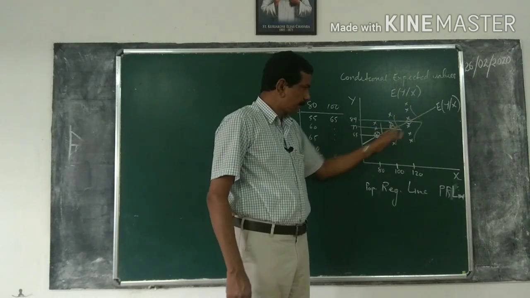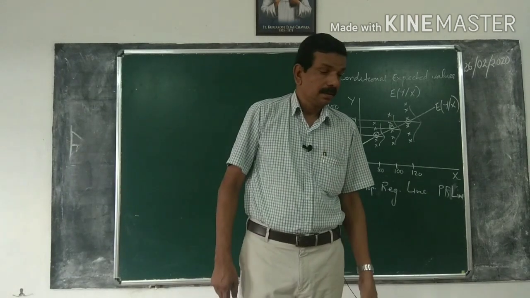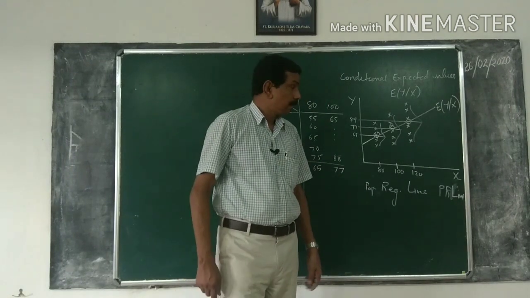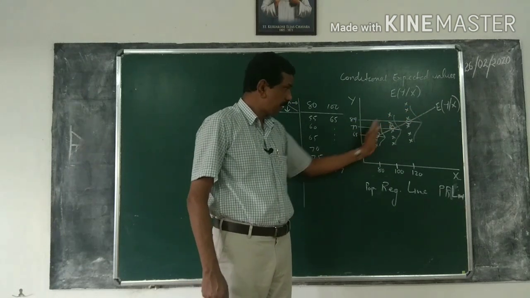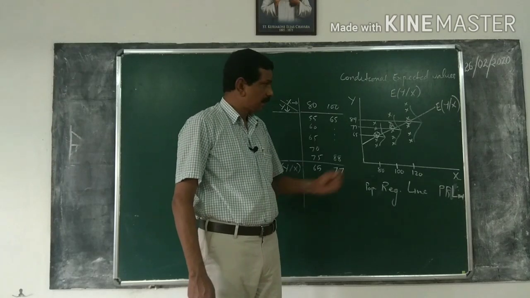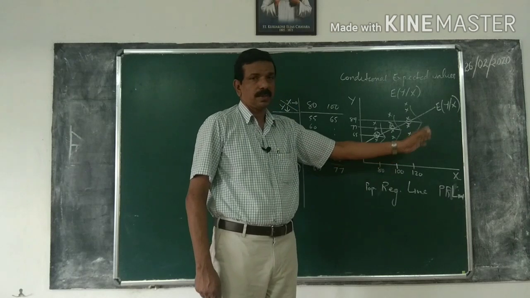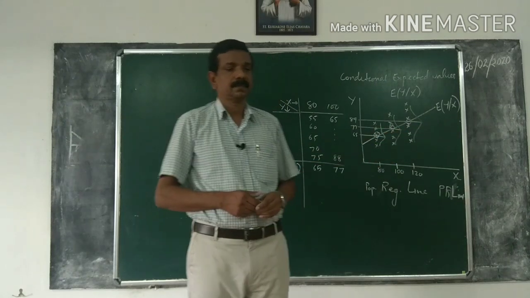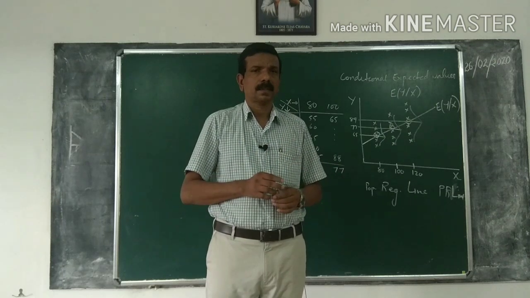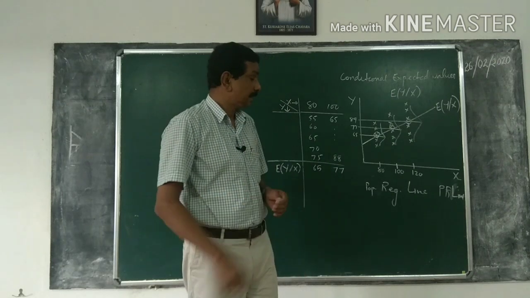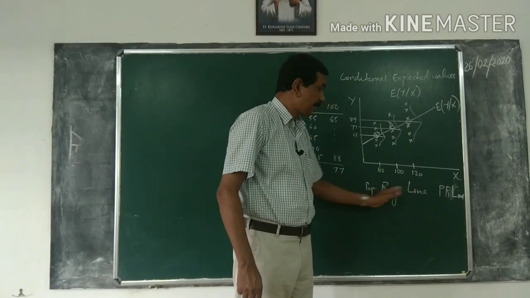So geometrically, a population regression line is simply the line joining together the conditional mean values of y given x equal to x1, x2, x3, etc. And in econometrics, our concern is the estimation of this population regression line.